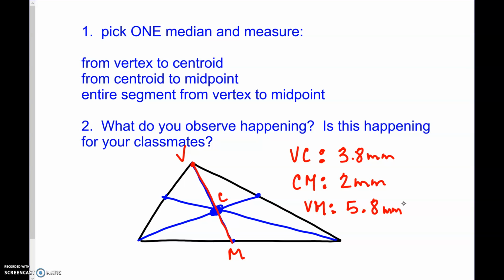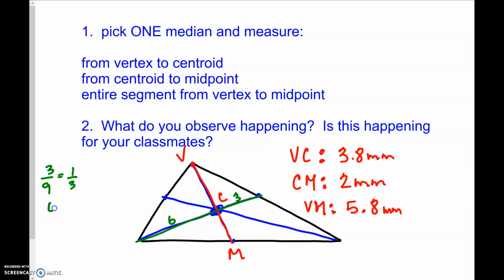And when you measure this distance, now if you picked a different one, what would happen is something like if this is 3, this is 6. So the whole thing is 9. So if we compare 3 to 9, that is 1/3.